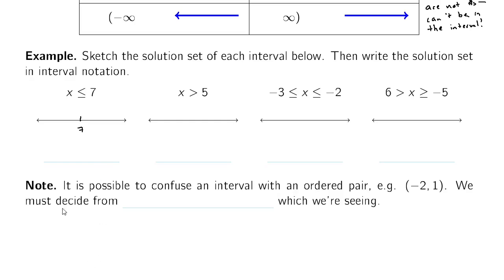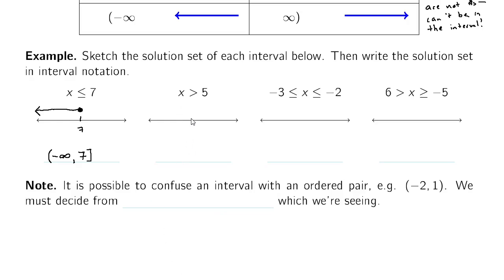The only number we're interested in is 7. x is allowed to equal 7, so we have a filled in dot there. And then the numbers less than 7 live over here. So in interval notation, we have no left endpoint. So we'll start with negative infinity with a round bracket. The right endpoint is 7 with a closed dot. So the right end is 7 with a square bracket.